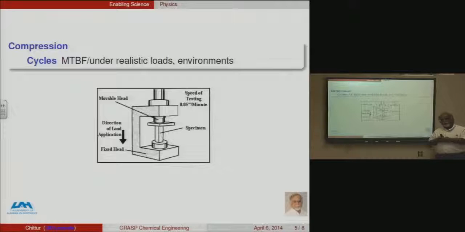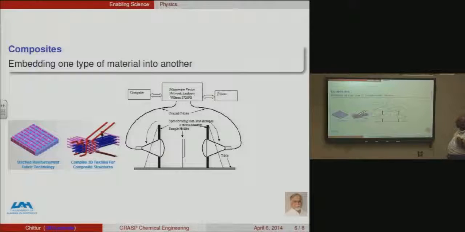Or can you find out how long you can put them under tension or compression before the thing actually fails? That's also important to know. So there are models available. You can make predictive models which will make predictions on how long something will actually function and not fail.